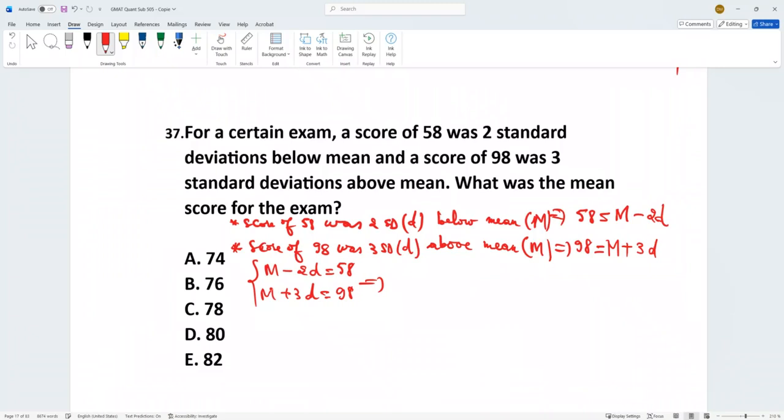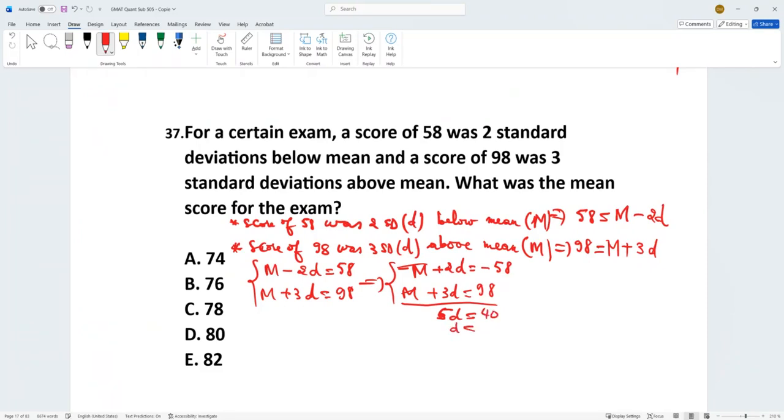We are finding M, but in order to find M, we can first try to find D. If we multiply the first equation by -1, we get minus M plus 2D equals -58, and we still have M plus 3D equals 98. Then the M cancels, and we have 5D equals 98 minus 58, which is 40.